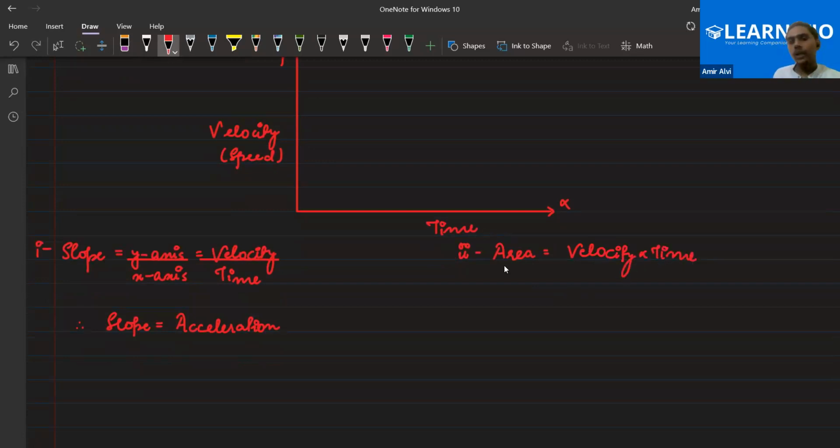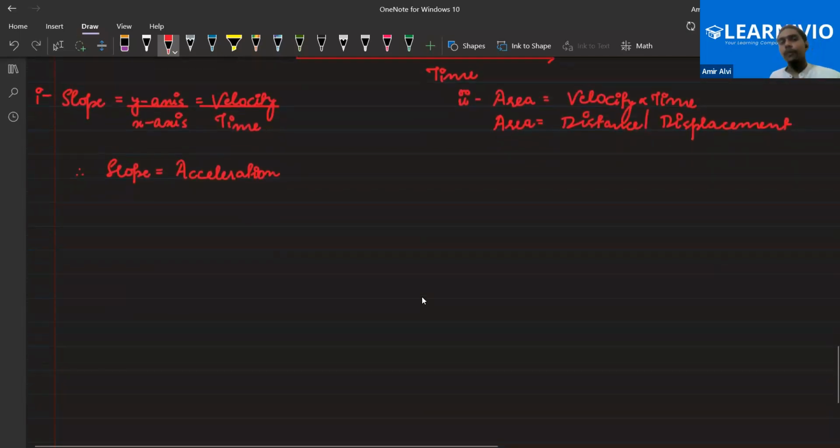So velocity into time is nothing but either distance or displacement, depending on the equation. Clear? Farhan, clear question? Yes, sir.